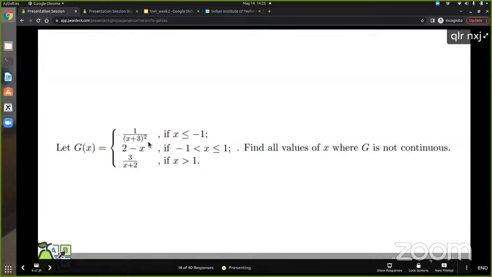Denominator could be 0, right? Correct. So if denominator is equal to 0, the function becomes undefined at that point. So we need to check whether that is happening for the given function or not. So for the denominator we have x is equal to -3 and x is equal to -2. There are two more points where we should check for continuity. So these 4 points, check them one by one, and you will get to know the values where the function is not continuous.